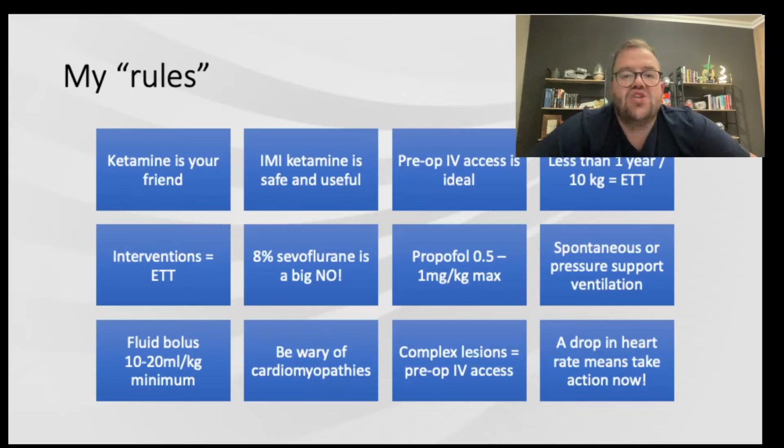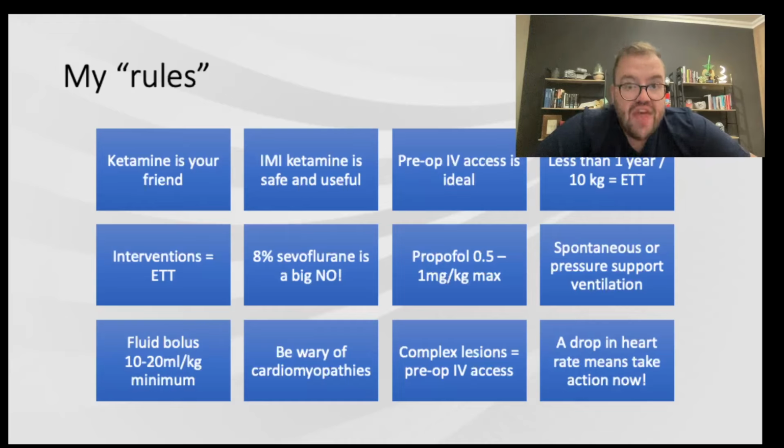I always like to leave them on spontaneous or pressure support ventilation. Unless I have to, I prefer to not fully paralyze and control them, because remember that positive pressure ventilation can change the PVR to SVR ratio. Specifically, it increases pulmonary pressures and therefore increases pulmonary vascular resistance, which can worsen your shunt.